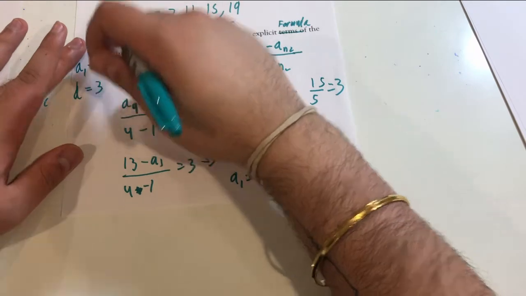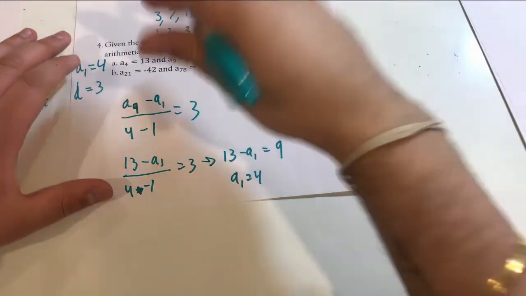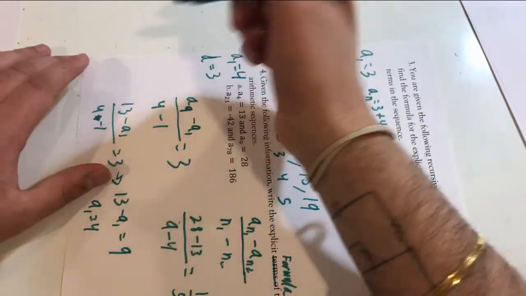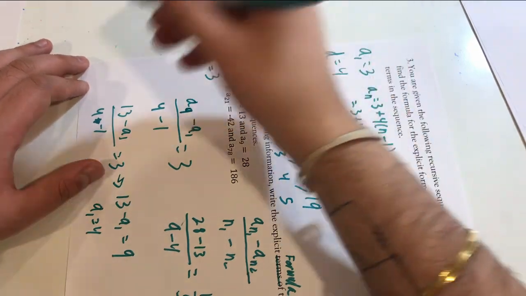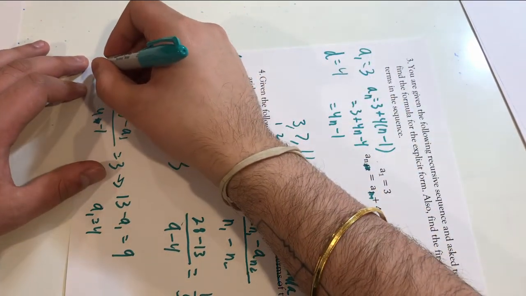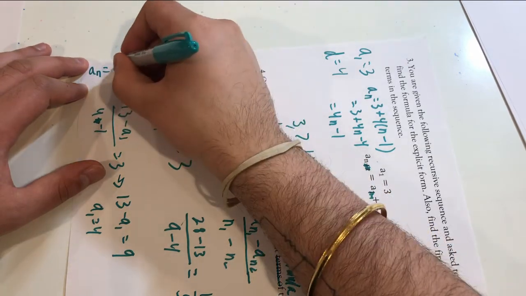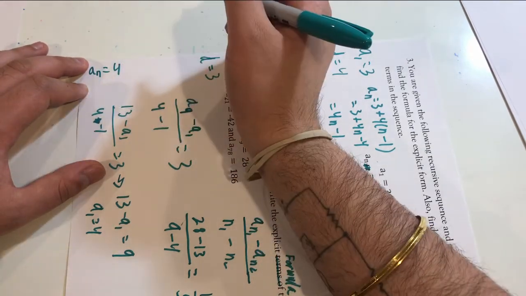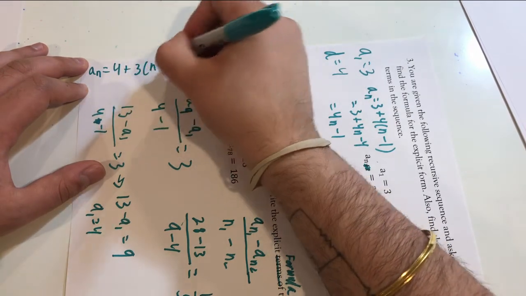And just like that, we have the two pieces of information we need. All right, so my final formula, I'm going to write it to the side just to save on paper, is going to be simply a sub n is equal to 4 plus 3 times n minus 1.